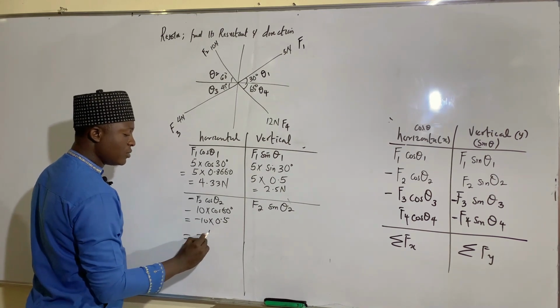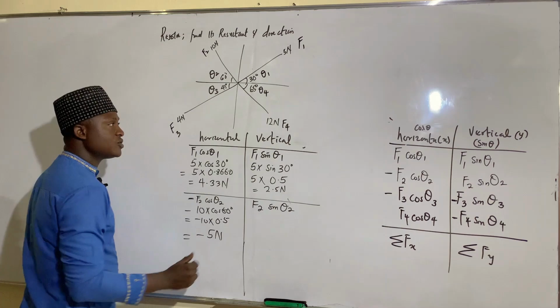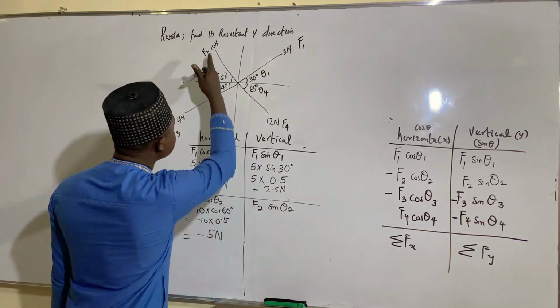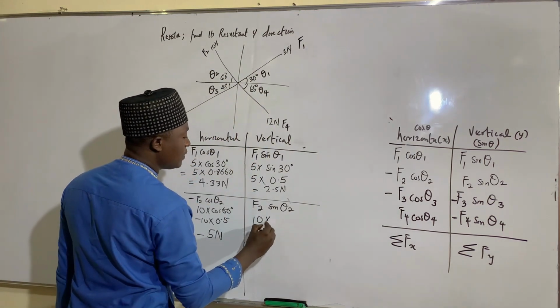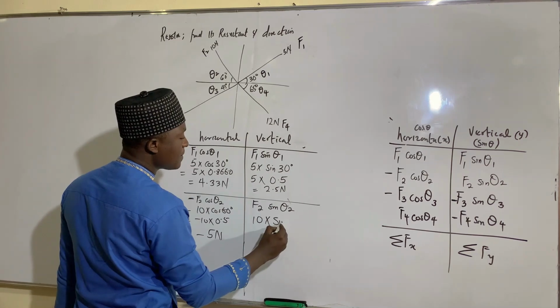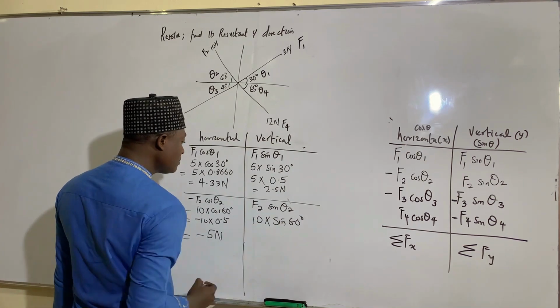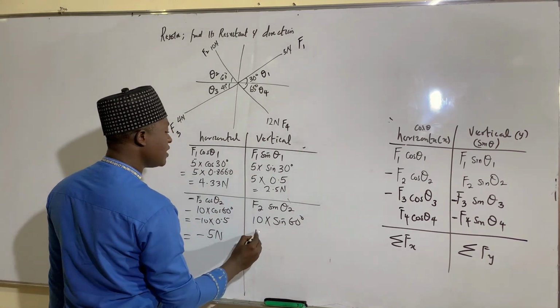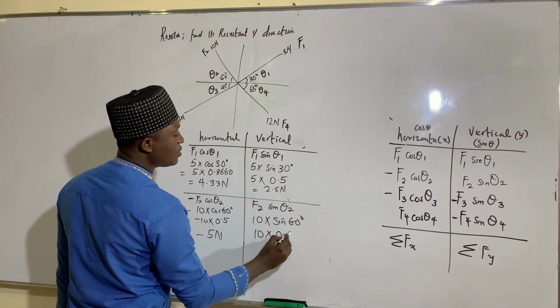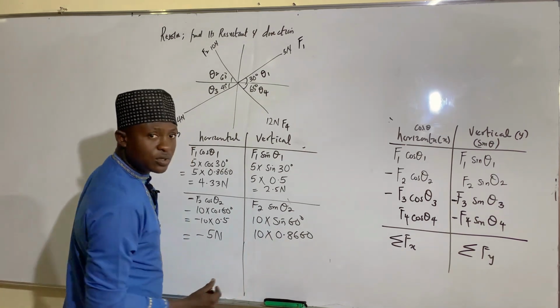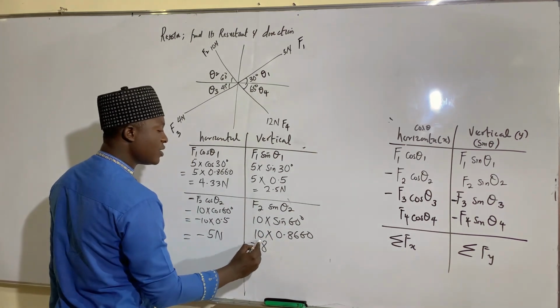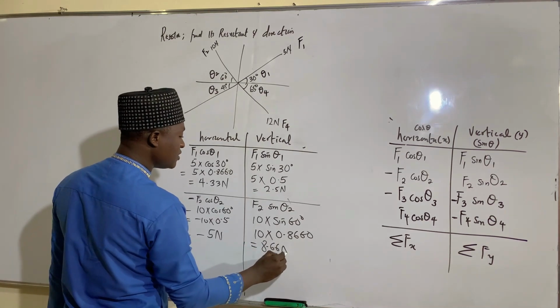If you multiply them, we have minus 5 Newton. So here too, F2 is 10. It is 10 multiplied by sine 60. So now I just have 10 multiplied by sine 60 is going to give us 0.866. If you multiply this one together, you are going to have 8.66 Newton.